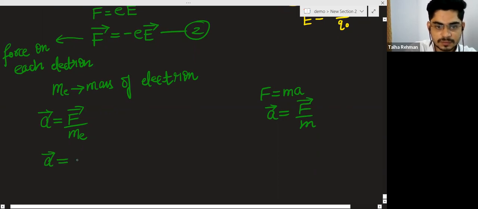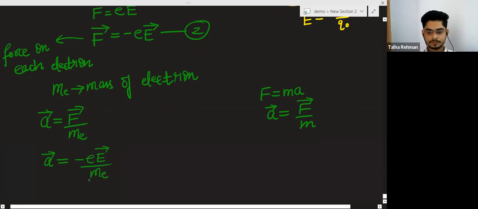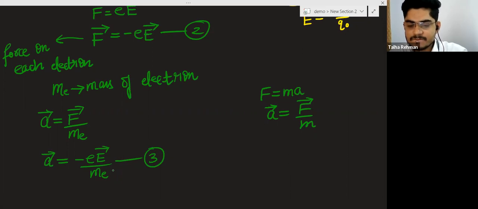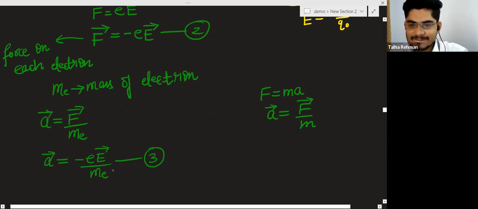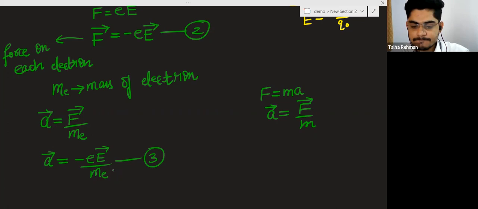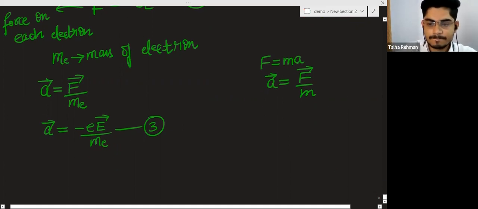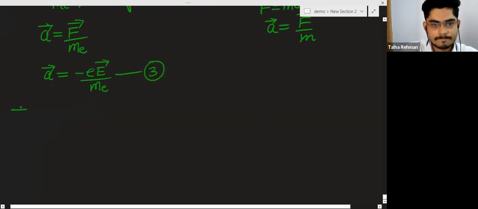Force is this. This is the acceleration.